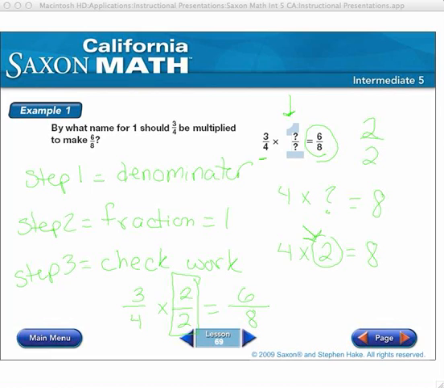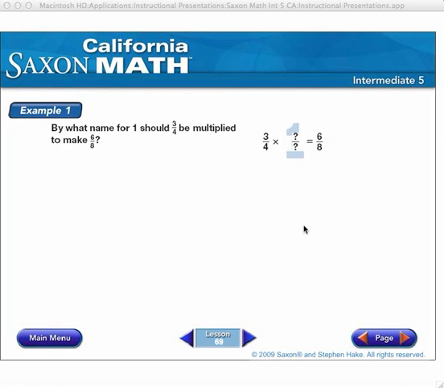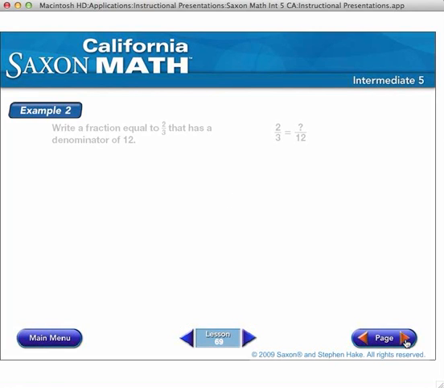Okay, let's go on and look at number 2. Keeping in mind our steps, find the denominator, find the fraction equal to 1, and then check your work. So example 2, write a fraction equal to 2/3 that has a denominator of 12. So 2/3 equals how many 12ths?